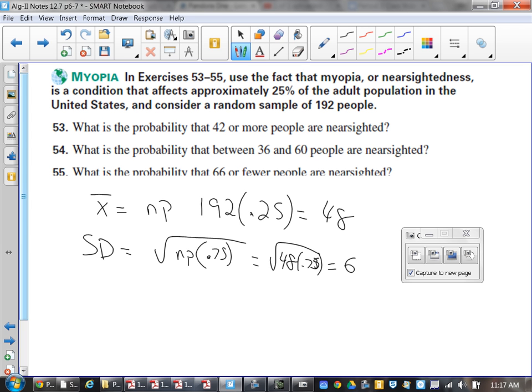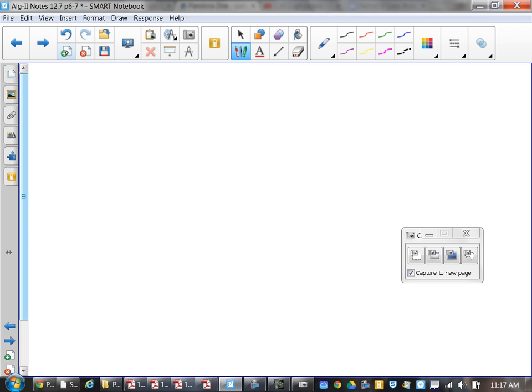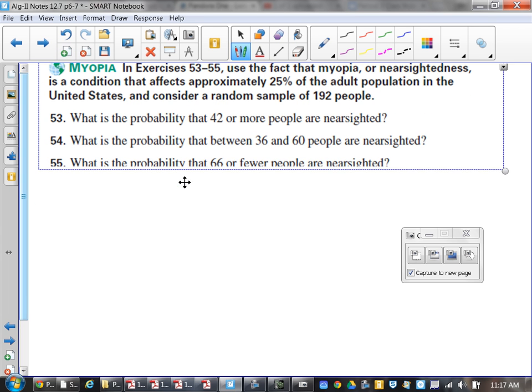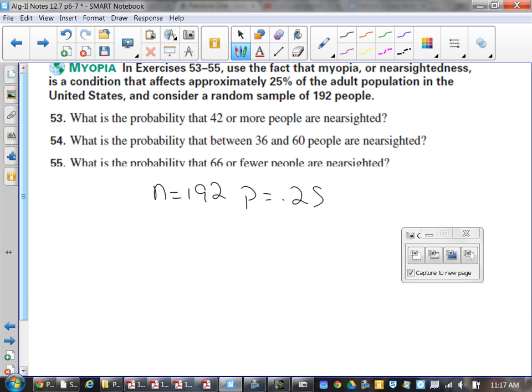For us, what we're looking at is we have an n value of 192, a p-value of 0.25, and we're looking at the probability that k is greater than or equal to 42.